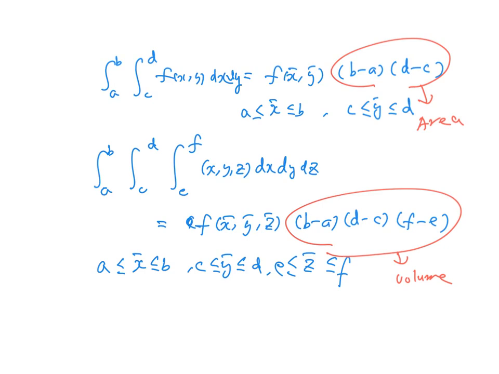Let me point out using my pointer. X ranges here between A and B. That case, x, y is only linear.